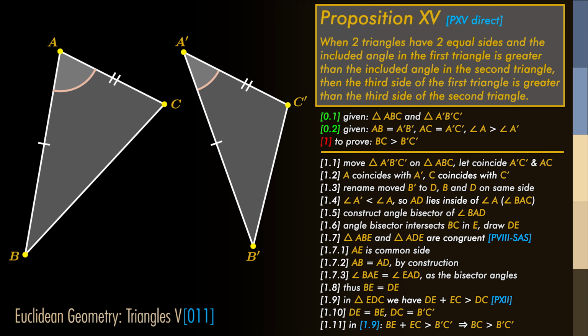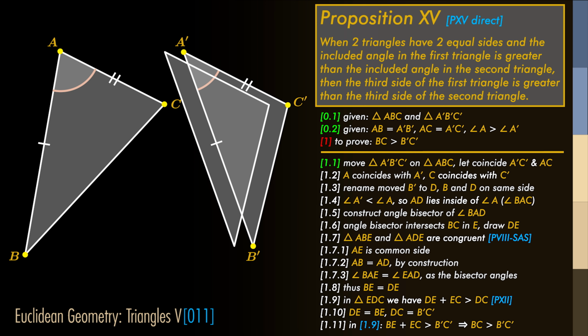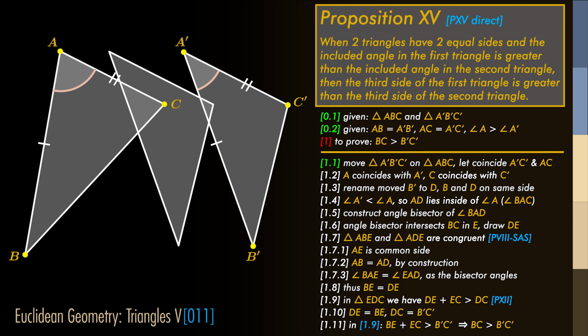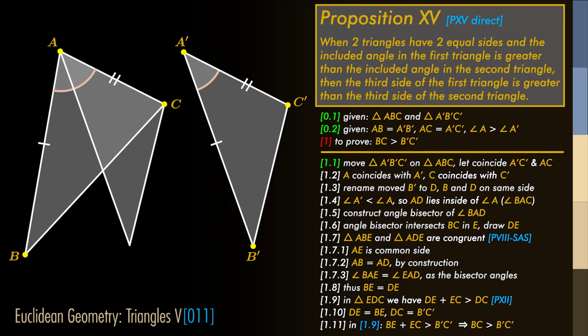Using an already familiar technique, we move triangle A'B'C' onto ABC in such a way that A'C' coincides with AC, the point A' coincides with the point A, and the point C' coincides with the point C. We execute this in such a way that B' lies on the same side of the straight line AC as B. We rename the point B' after the transformation D. Our setup is now ready.